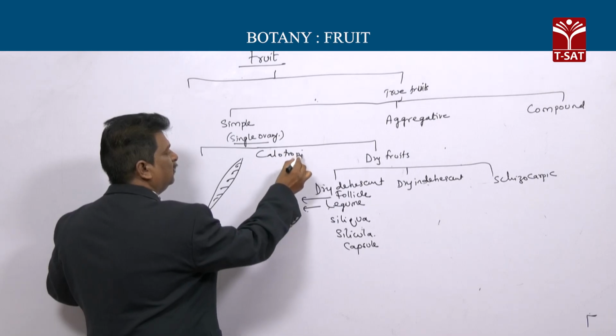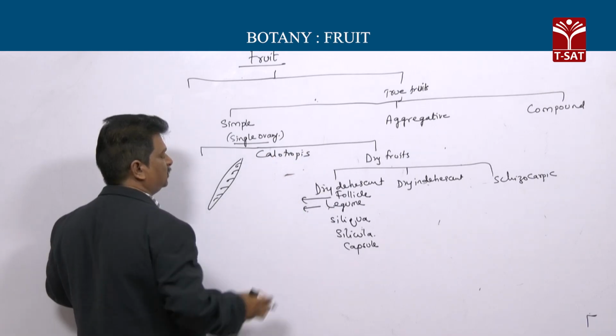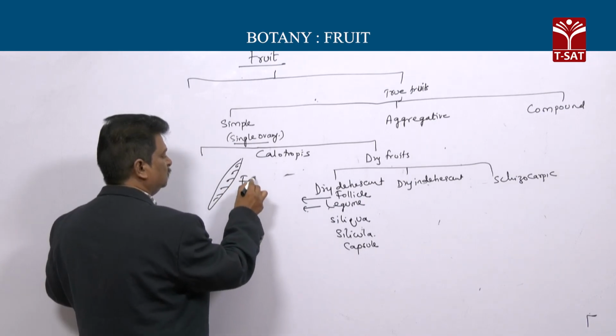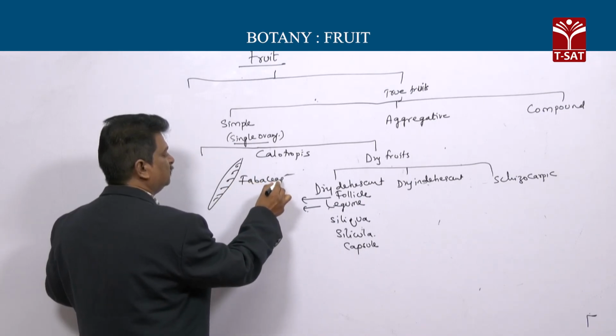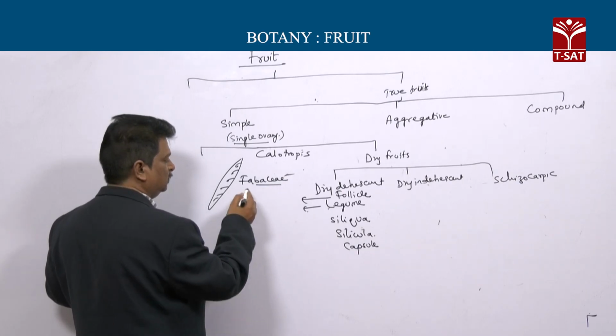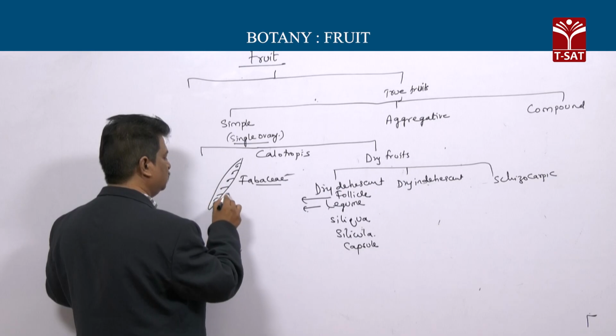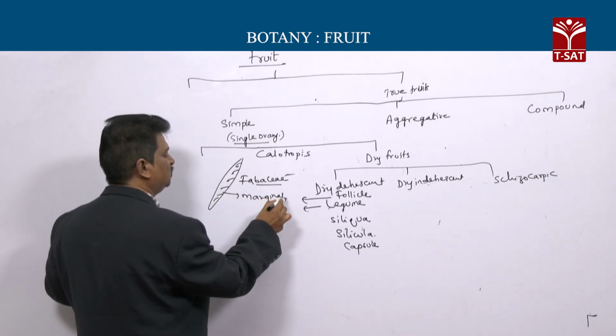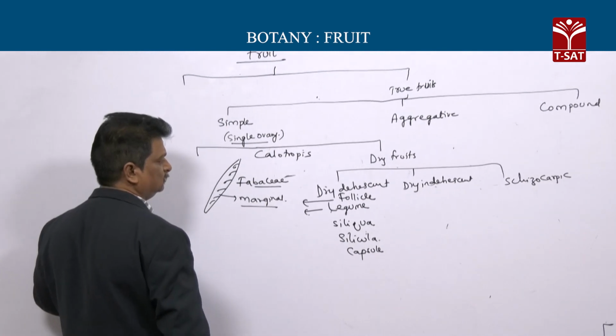Example for follicle. Then second one, legume. Legume is characteristic fruit of Fabaceae. Fabaceae means developed from monocarpellary, unilocular, marginal placentation.